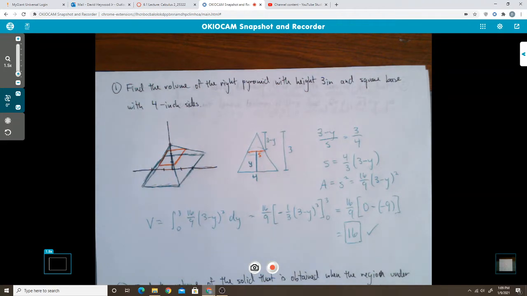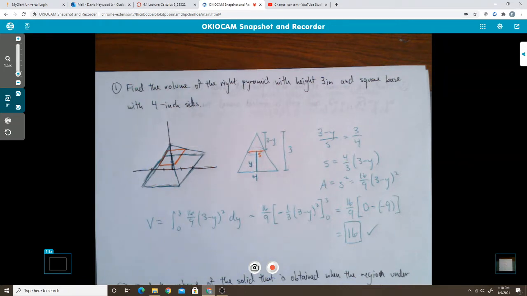I don't know why I put a check mark by it. I didn't check it or anything. You could check it though, right? If you know what the volume of a pyramid is. So the volume of a pyramid, I think, what is the volume for a pyramid? It's 1/3 of the volume of the corresponding prism.